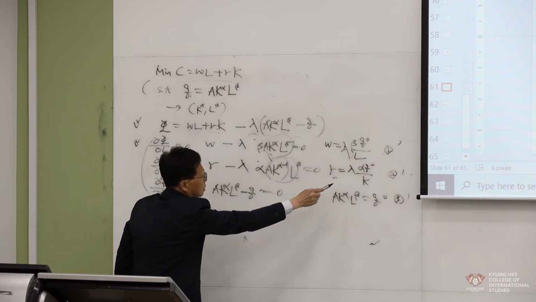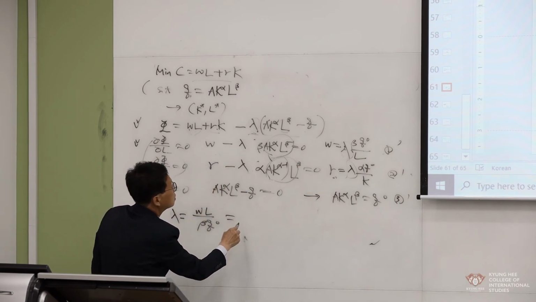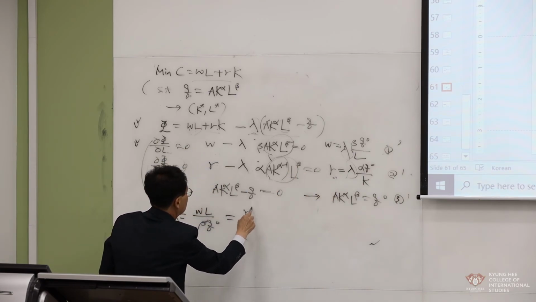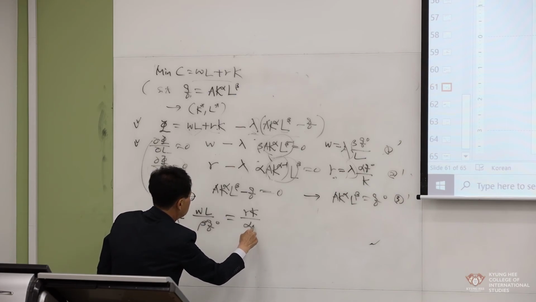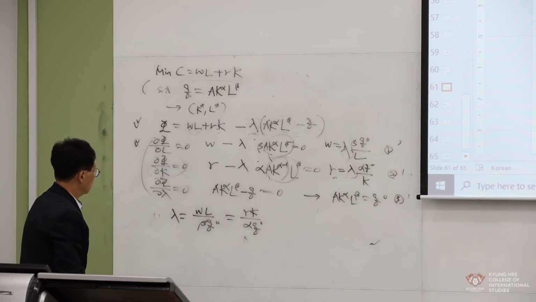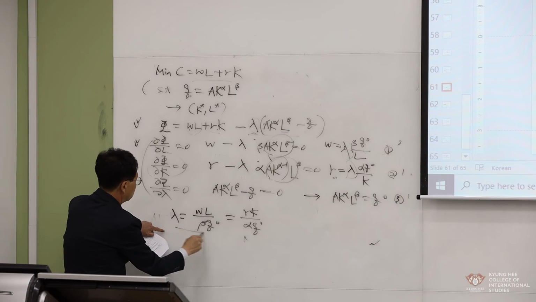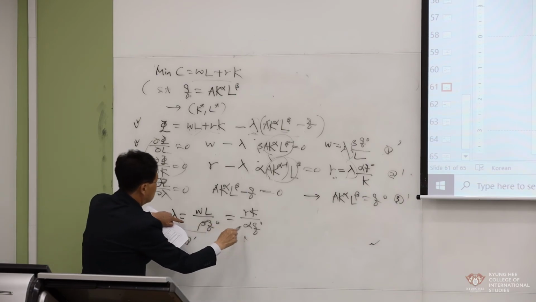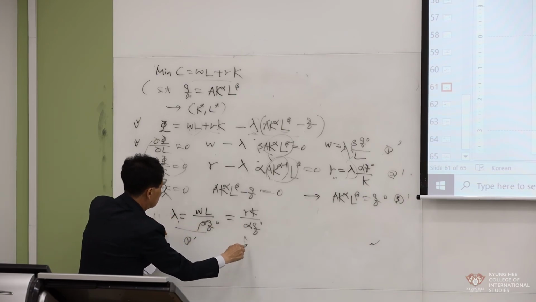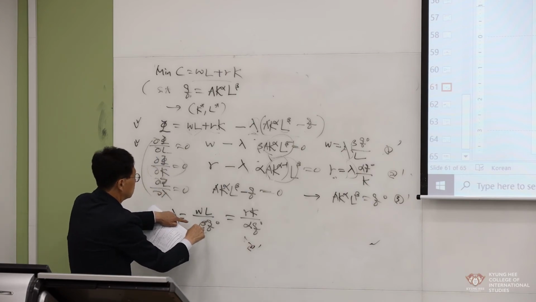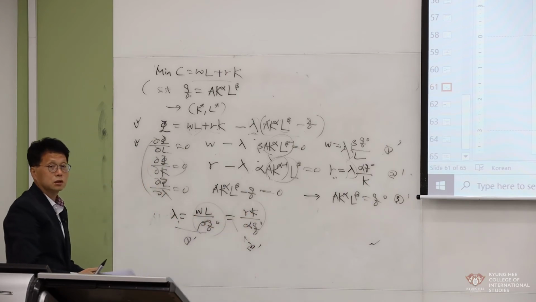And from here, lambda is equal to RK over αQ0. So that is from 1 prime. That lambda is equal to this one in 2 prime, so this one is equal to this one.